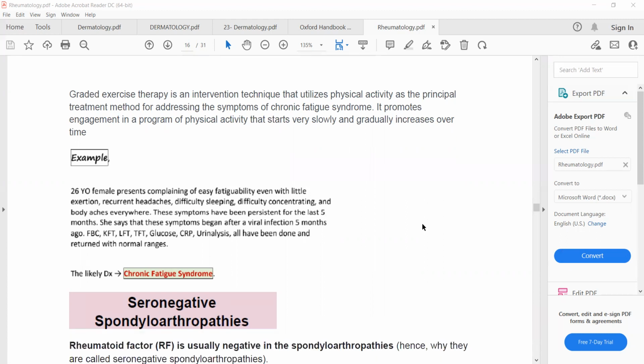So this was all about chronic fatigue syndrome and how to diagnose chronic fatigue syndrome and its management. Now we are done with the causes of muscle weakness, such as polymyositis, polymyalgia rheumatica, dermatomyositis, and chronic fatigue syndrome.